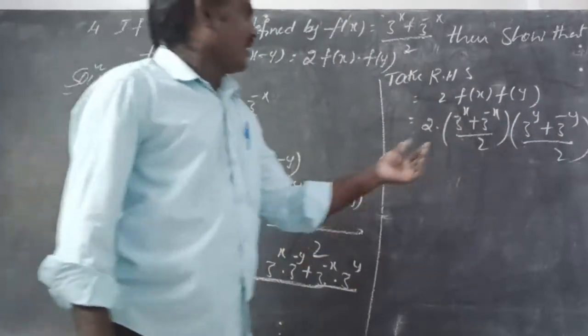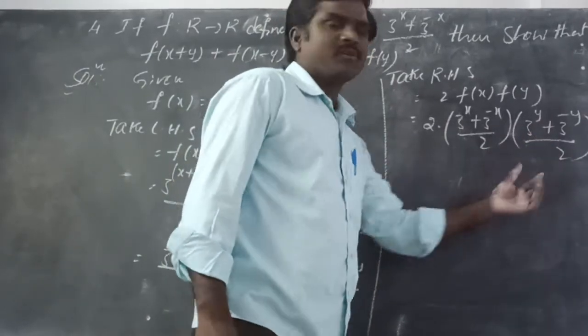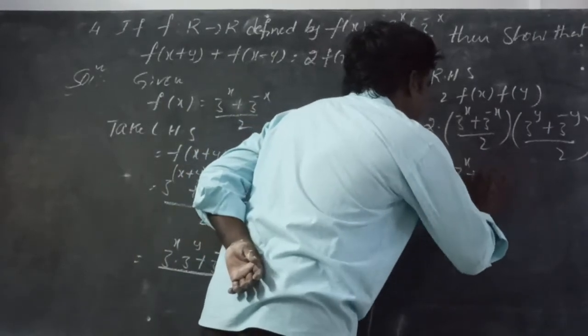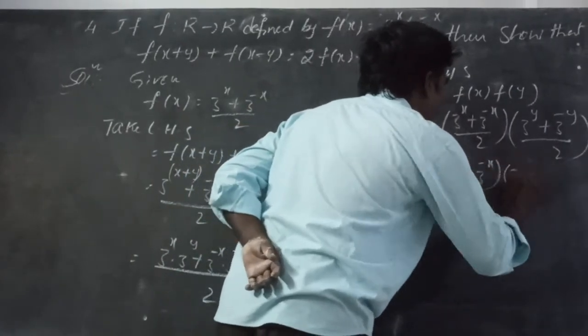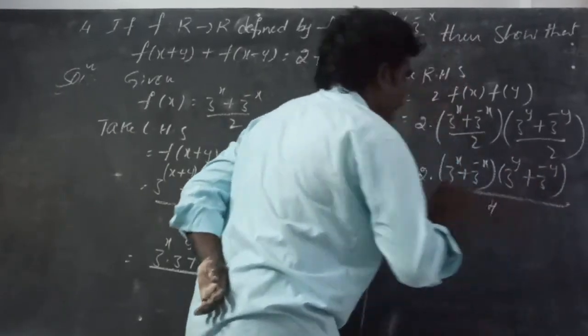So here the fractions are multiplied, numerator multiplied by numerator, denominator by denominator. So here 2 into (3 power x plus 3 power minus x) into (3 power y plus 3 power minus y) by 2 into 2, and 2 ones are 2, 2 twos are 4.